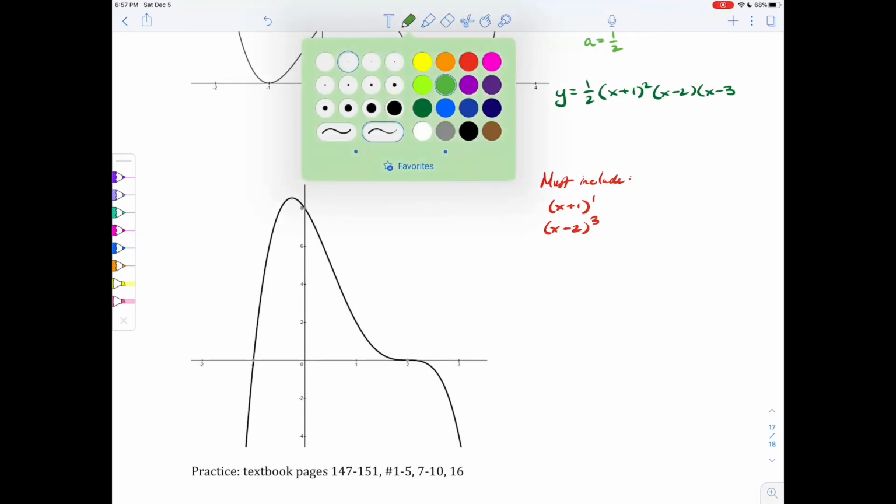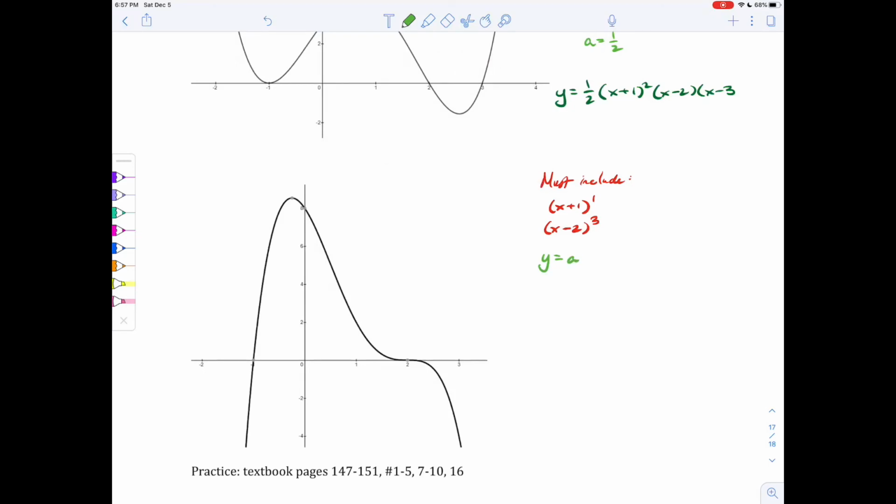Okay, so y must be some value times x plus 1, x minus 2 cubed. Our intercept is at 8. So 8 is a times 0 plus 1, 0 minus 2 cubed. That's what I got there.